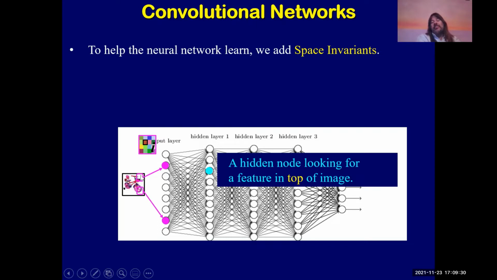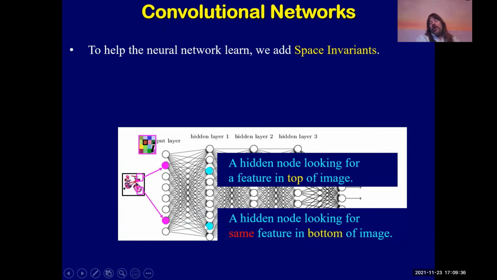And I can ask, is that feature in the top of my image? And I could have a different node that asks whether the same feature appears in the bottom of the image, right? So both of these hidden nodes are going to fire when they find the same feature. They're looking for the same feature, but in different locations, right?